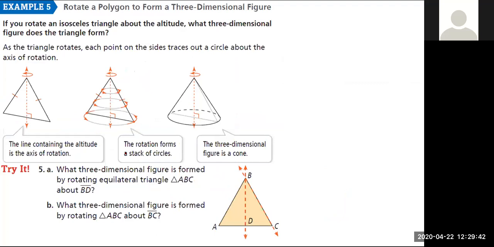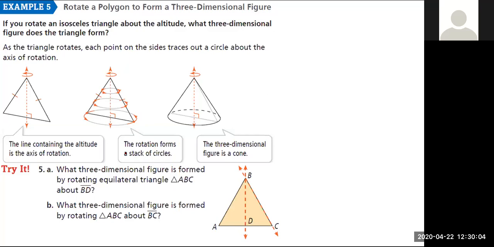All right, let's take a look at the next part. So now this next piece is about rotation. So we have something called a solid of rotation. And what that is, if you take a two-dimensional image and rotate it around an axis, what shape would it make?